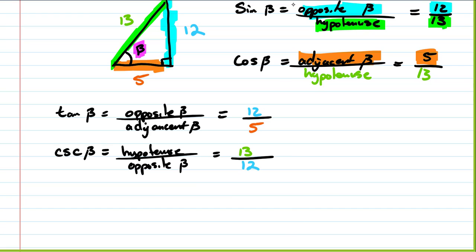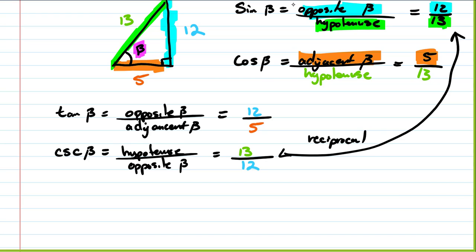So the cosecant of beta would be 13 over 12. Notice that is the reciprocal of this. And we knew that the definition of cosecant was 1 over sine. So if we take the reciprocal of 12/13, we get 13 over 12.